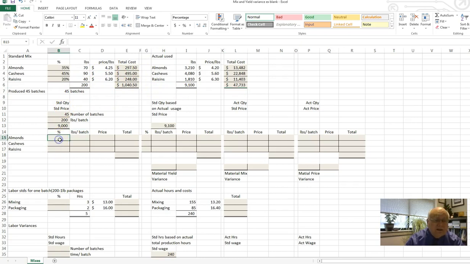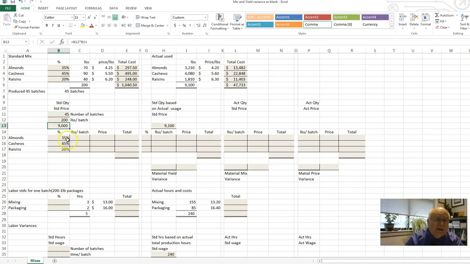Okay, but right now I want to deal with these percentages here. The percentages I want to bring down here are the same percentages we calculated up here: the 35, the 45, and the 20. Now, we did 45 batches, and each batch should have required 200 pounds, which if you multiply those out gives you 9,000 pounds.